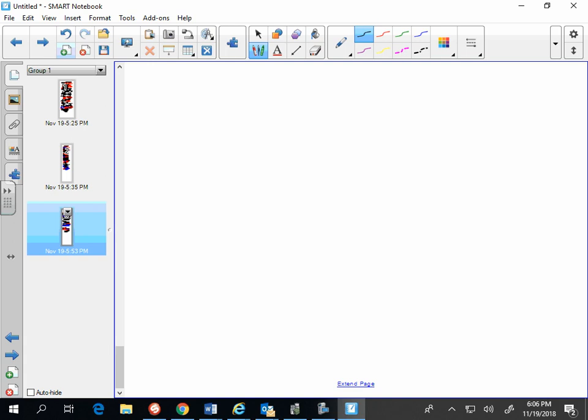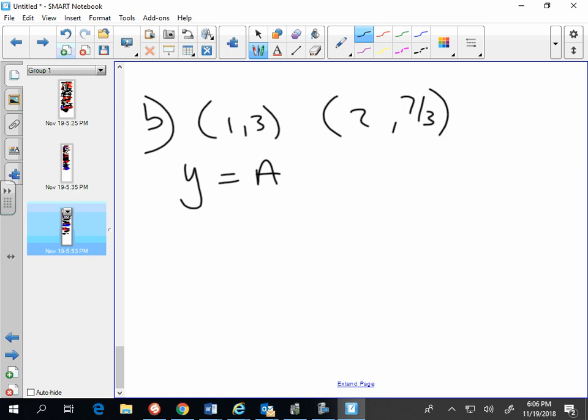This uses the points (1, 3) and (2, 7/3). I'm still going to start with y equals a times b to the x. But notice neither of these x values is 0. So I'm not going to be getting my a value as a freebie like I have in so many of these problems by redefining the first term as 0.